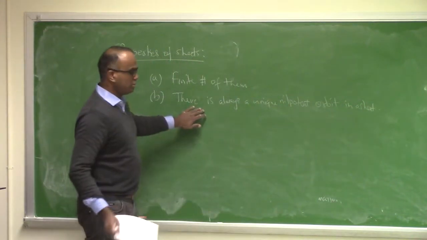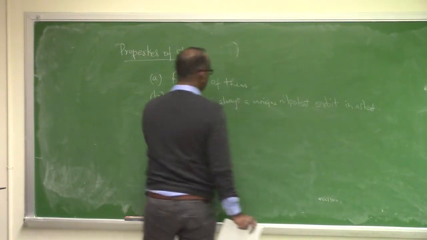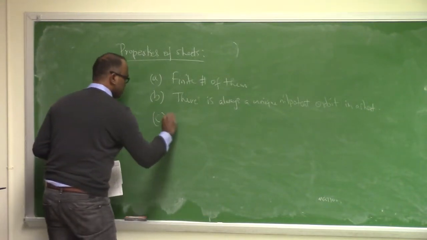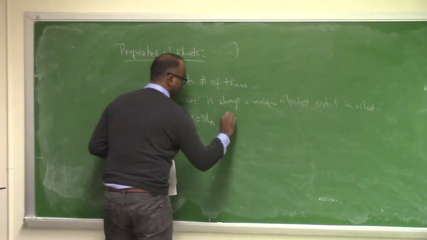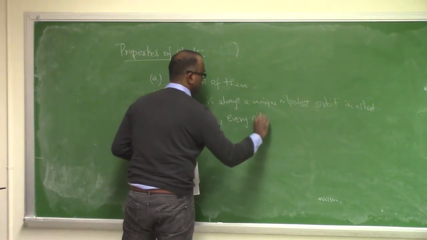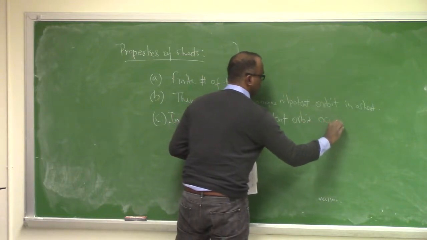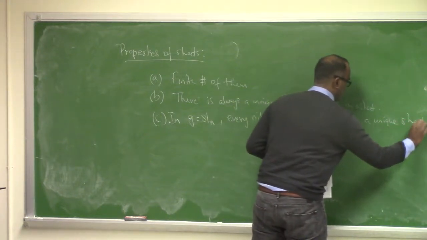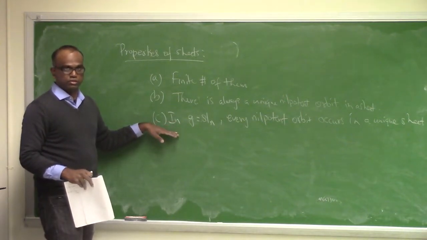And that is basically the orbit that you get by scaling the non-nilpotent guys by some C star action and taking its fixed point. That will be a unique nilpotent orbit. Now, in type A, G is SL N, every nilpotent orbit occurs in a unique sheet. But this property can fail in other types, and that leads to much interesting structure.